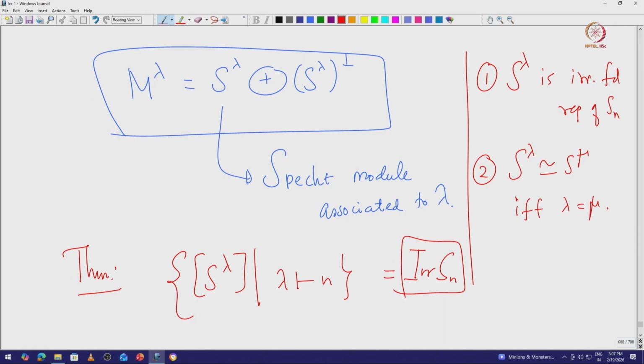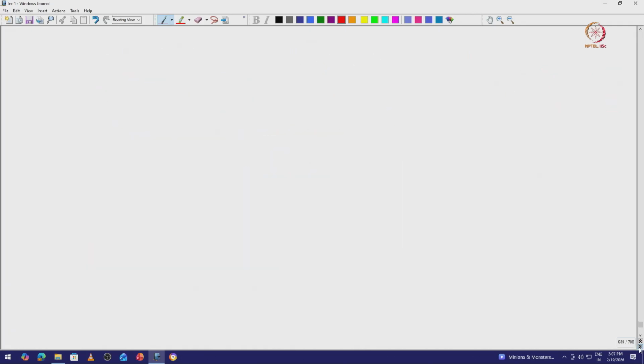These two claims will tell you that the irreducible representations of Sn are classified using these Specht modules associated to partitions of n. To prove this, we need several observations and lemmas. So, let us go one by one and then use them in order to prove it.